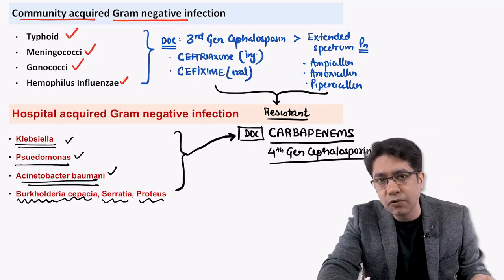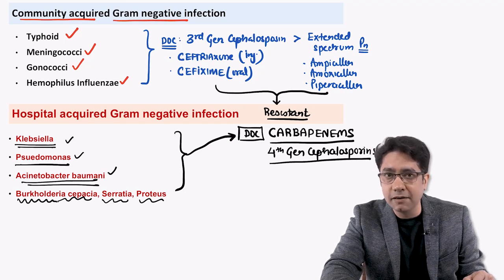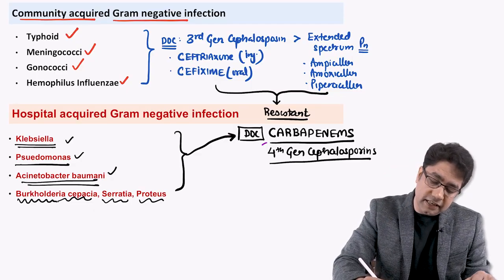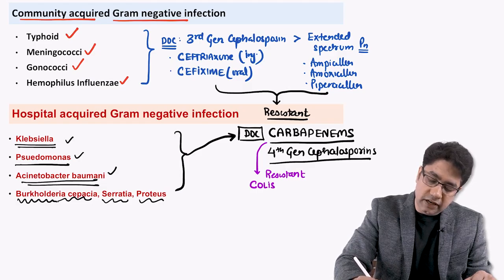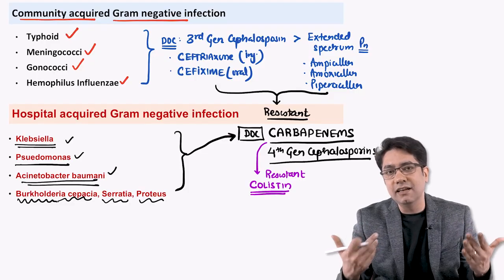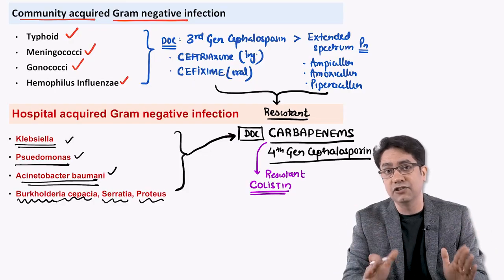But now, sir, the story doesn't end here. These bacteria are becoming resistant to even carbapenems. So, in carbapenem resistant cases, we will be discussing a very important drug, that is colistin. We can give colistin in carbapenem resistant cases, and this colistin is now considered a drug of last resort.